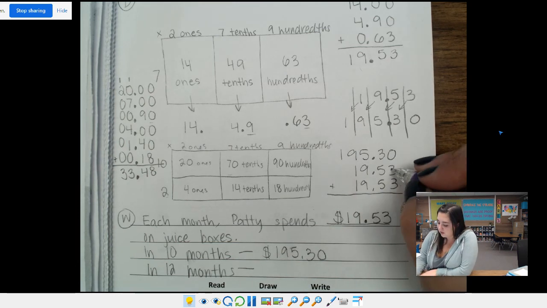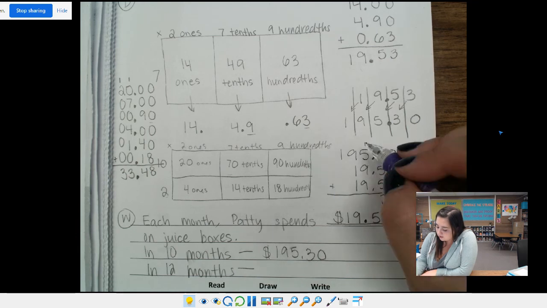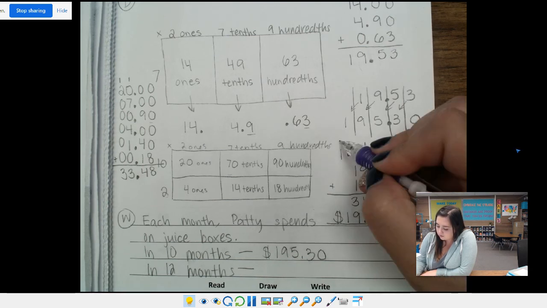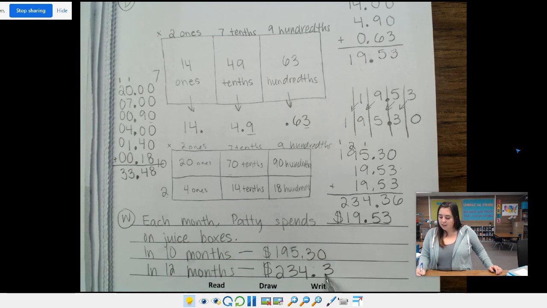Let's do this. 0 plus 3 plus 3 is 6. 5 plus 5 plus 3 is 13. This would be 18, 19, 24, 10, 13. That makes more sense. So in 12 months, they're spending $234.36. Thanks for hanging in there with me.